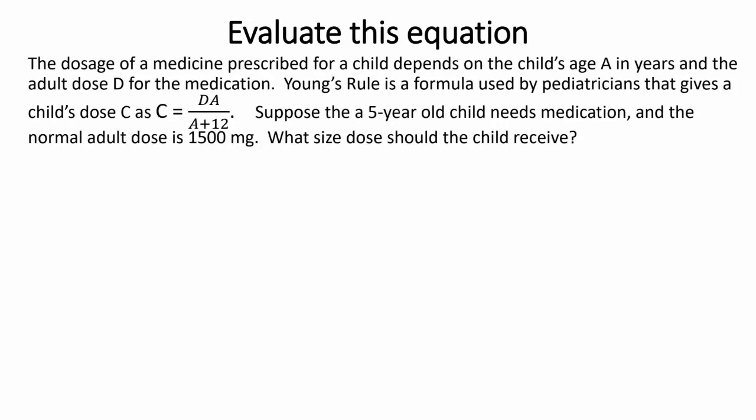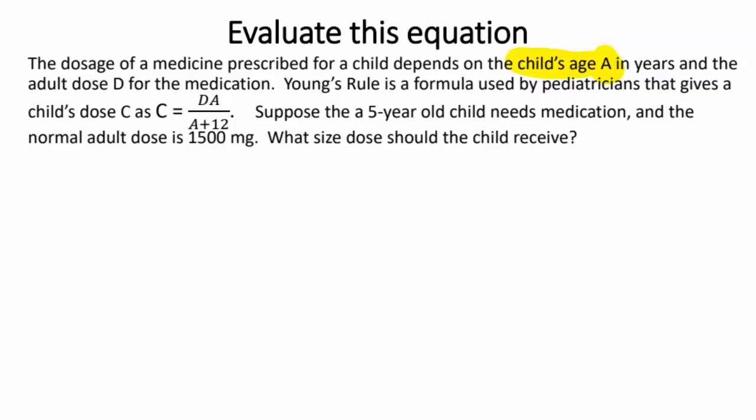Now notice, they're using child's age as the letter A. And the adult dose, D. Notice, D. So I have A to represent the child's age, and adult dose is D.